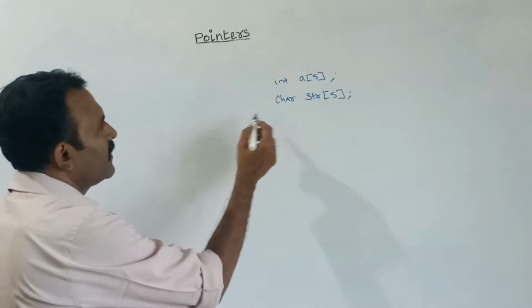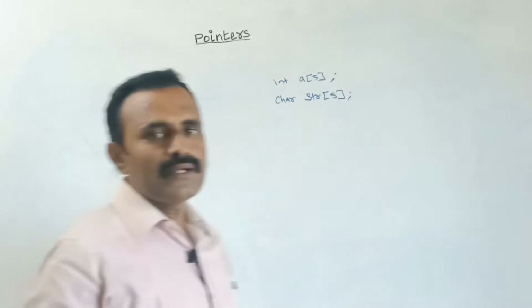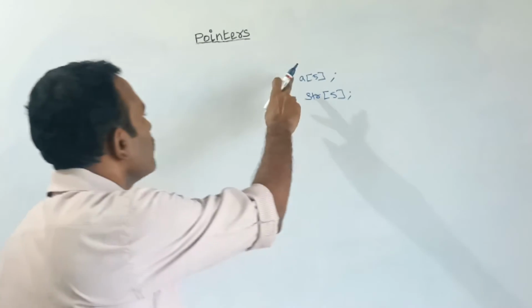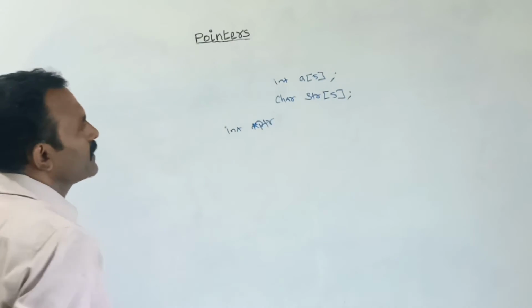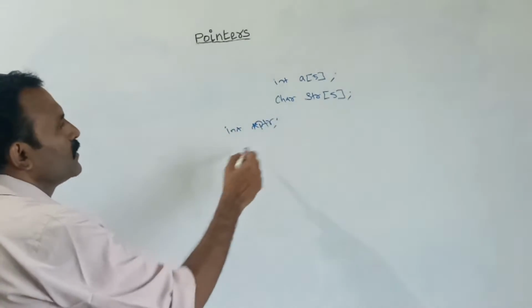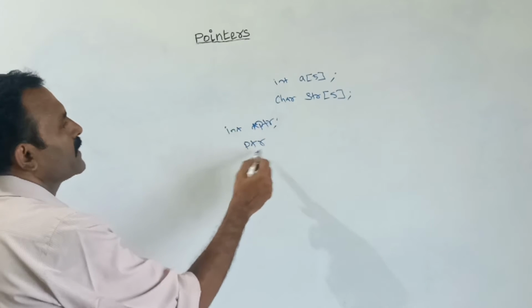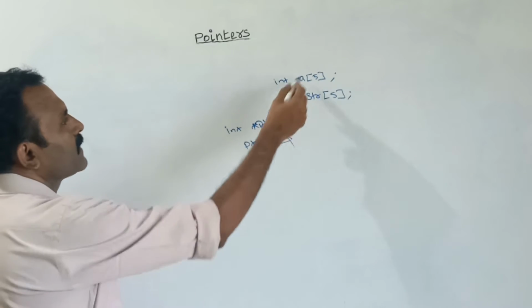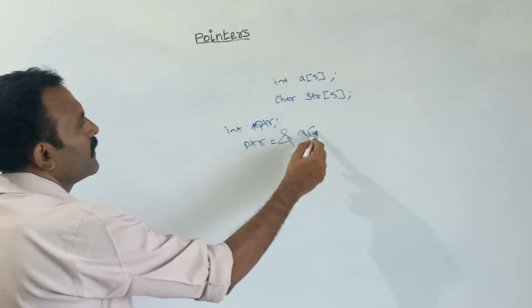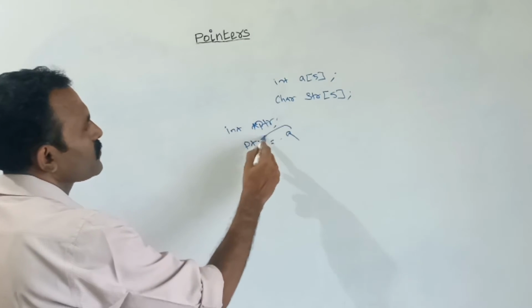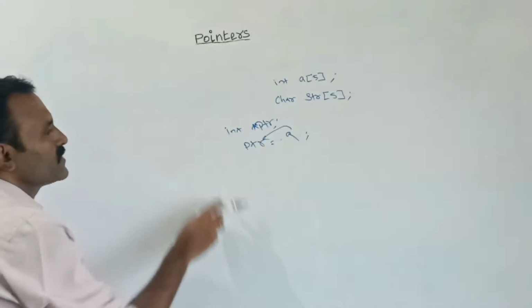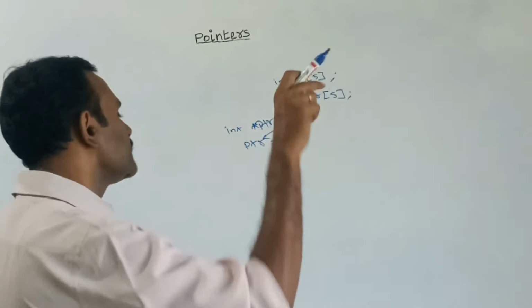If I want to create a pointer variable to fetch the address of the integer variable, I should create the pointer variable named star ptr, so that by using this pointer variable we can fetch the address of a of 0, or directly we can give a, which means the base address, the starting address, will be stored. By using this we can access the element inside that address.